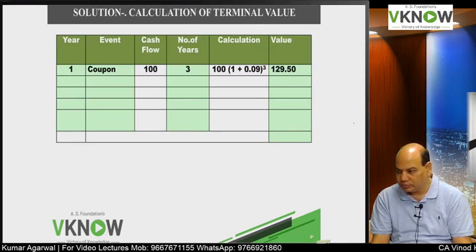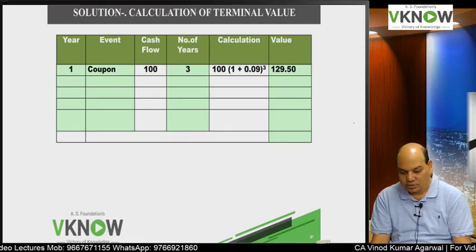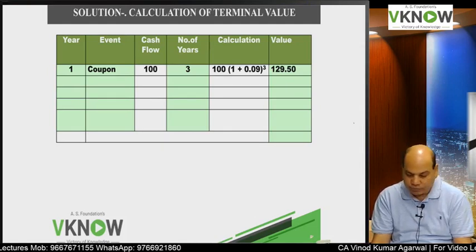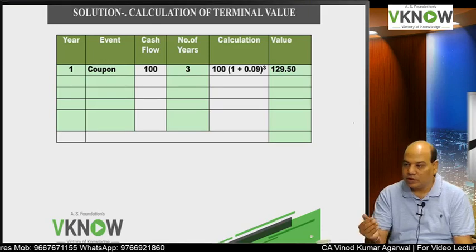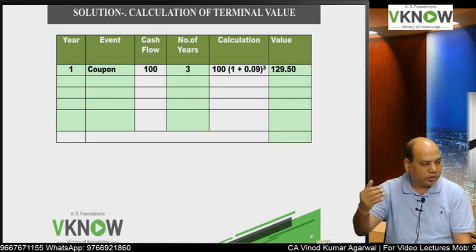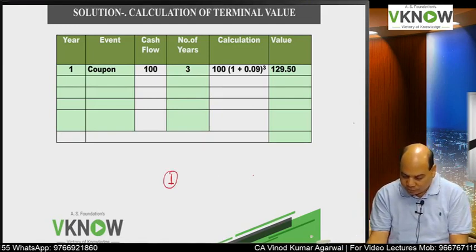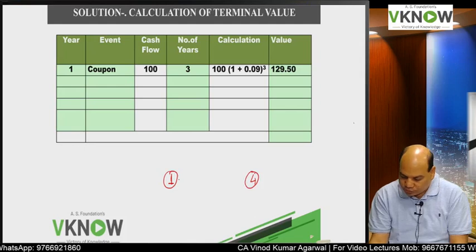Understand year 1. In year 1, you will get coupon. How much coupon you will get? 100 rupees. 10% of 1000. And it will be invested for 3 years, because year 1 is over. So it will be invested for 3 more years. You are here and you have to invest up to year 4.